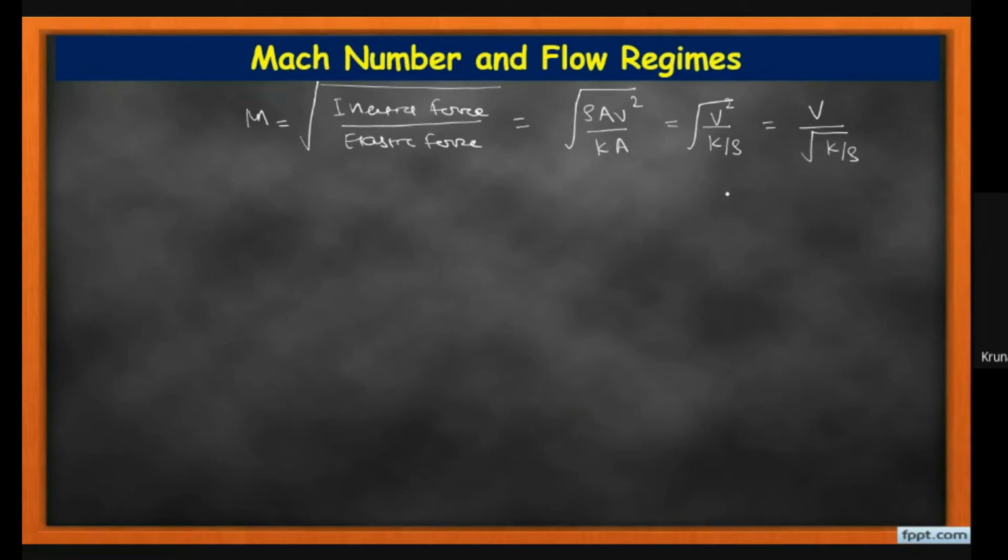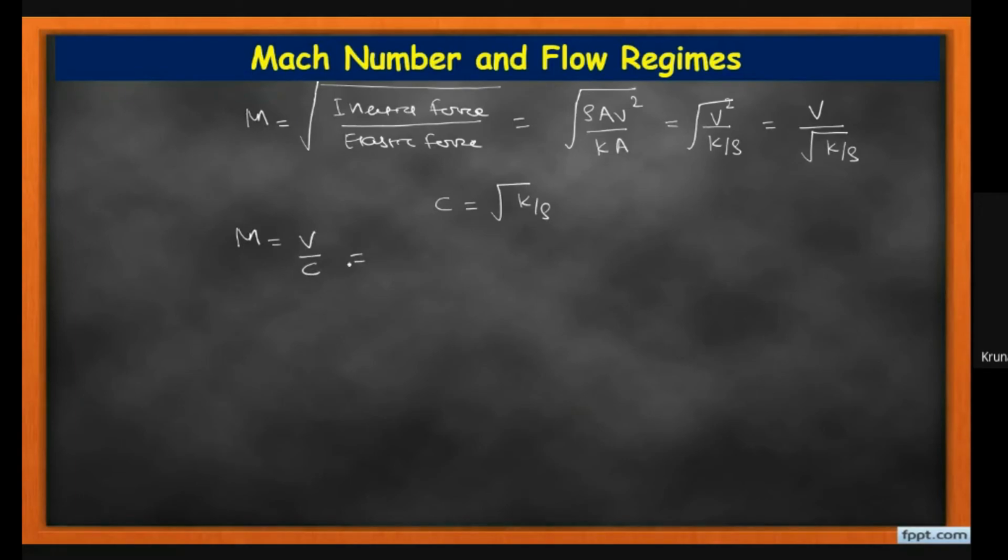We also know that our expression c equals the square root of K by rho. This is the velocity of sound in terms of bulk modulus and density. So now we put in the value, and our final expression for the Mach number is v divided by c.